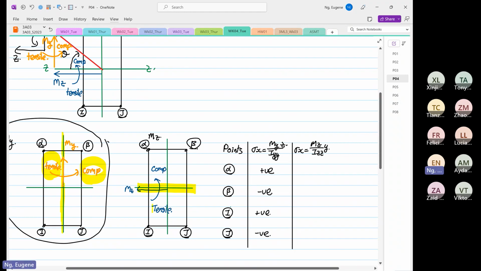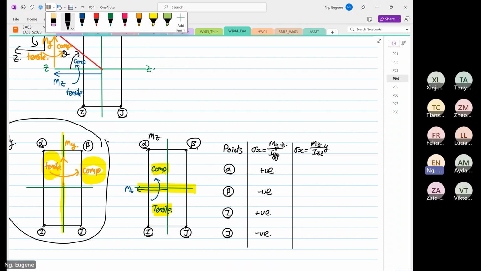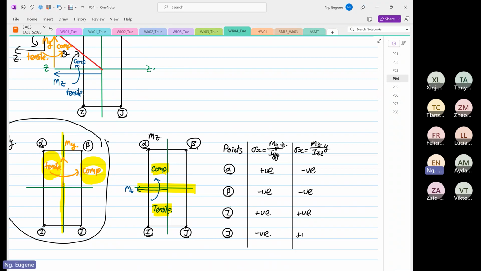Below the z-axis is going to be tensile. Above the z-axis is going to be compression. So alpha is compression, so minus. Beta is compression, minus. I is in tension, positive. J is in tension, positive.